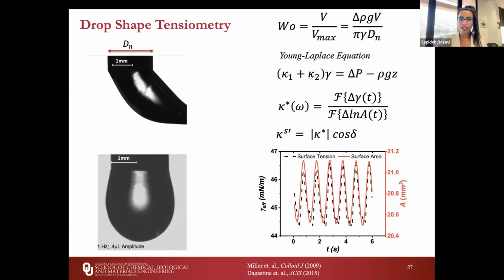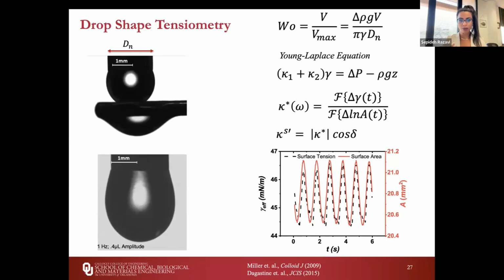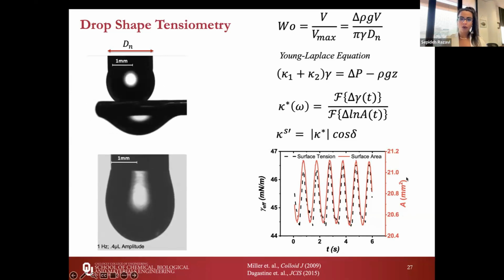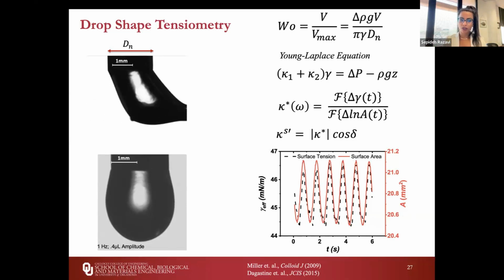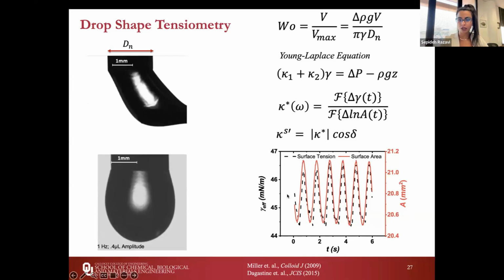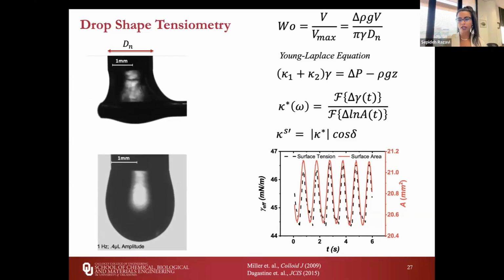We change the volume of the droplet, which is going to translate into a change of the interfacial area, here shown in red. And once the area is changing, the effective surface tension is going to change in response to that applied deformation.